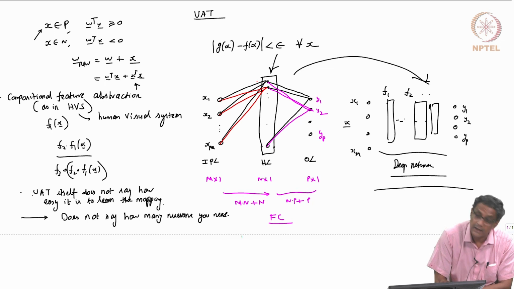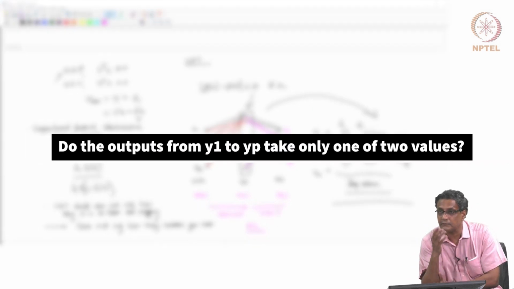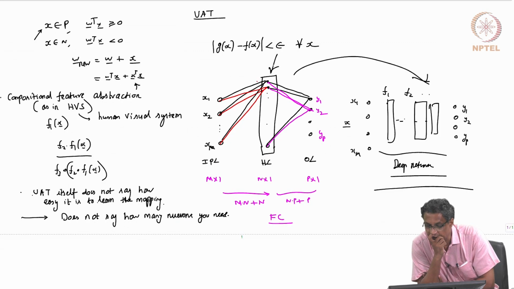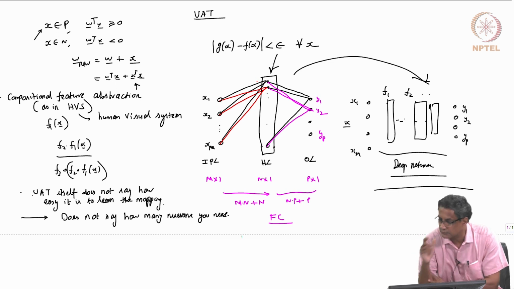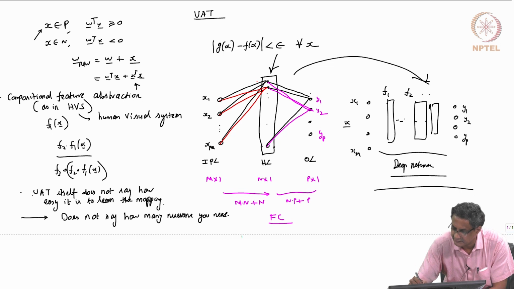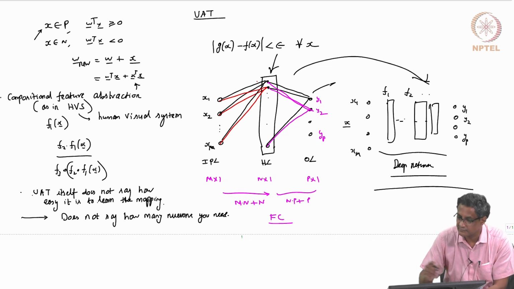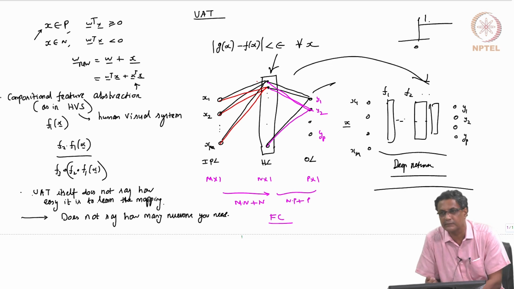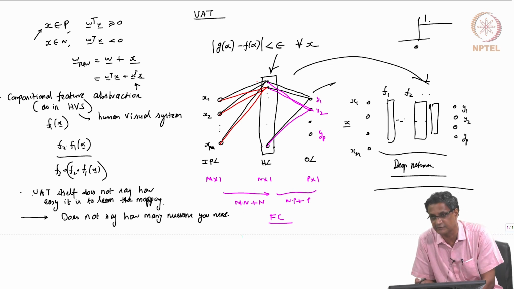Then, in these neural networks, the outputs y1 to yp can take only two values? No, it's not like that. It depends upon what kind of activation function you have. For example, if you have a step activation, like the one we had, then it can take a 0 or 1; it just fires that way.